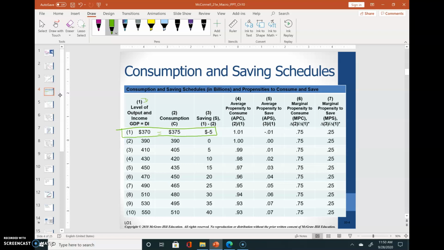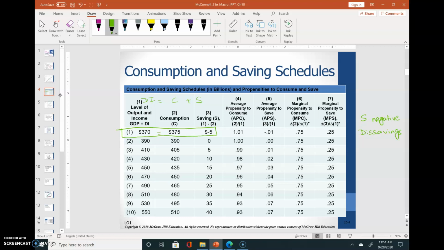So basically disposable income is equal to consumption plus savings. I can also say disposable income is equal to the gross domestic product. We have a negative number for savings here. If my savings is a negative number, that means we have dissavings.